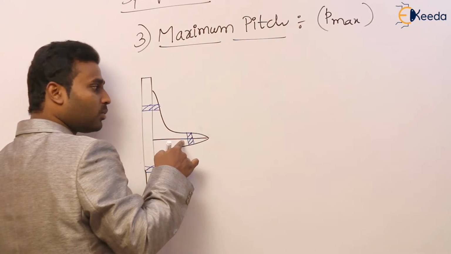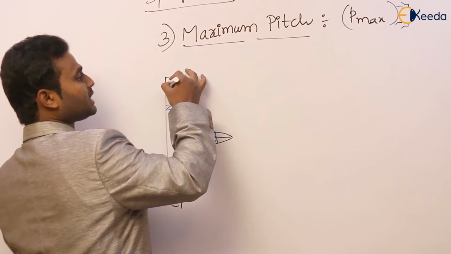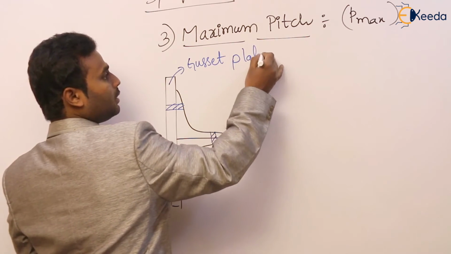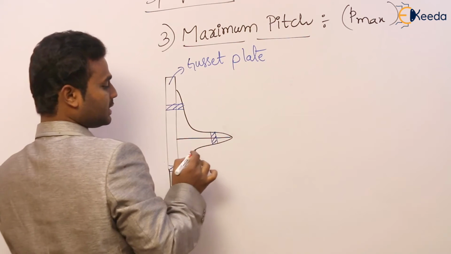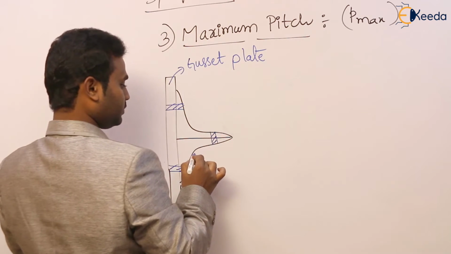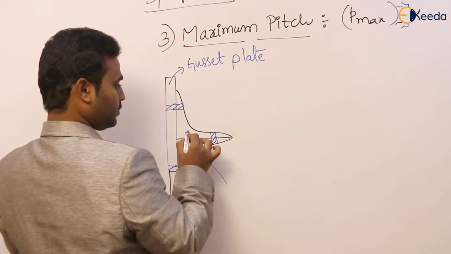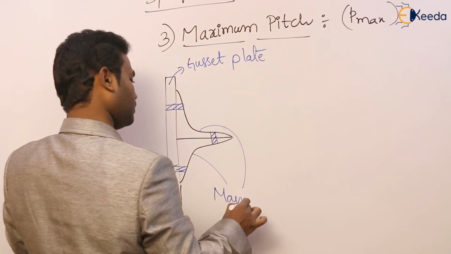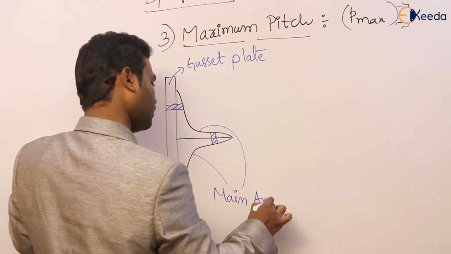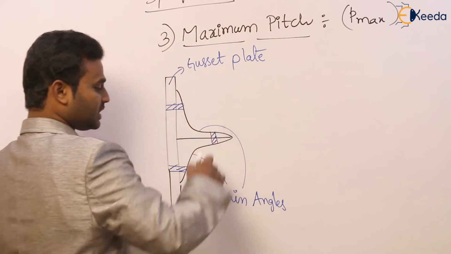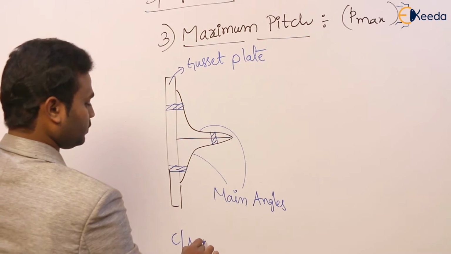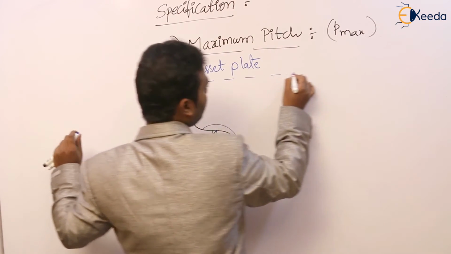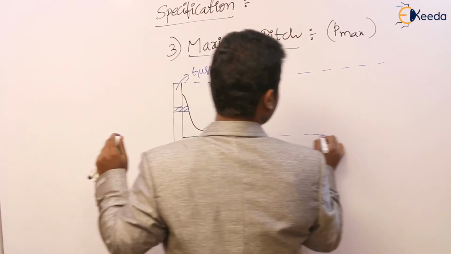This is known as a tag bolt, and these are structural bolts. Here it is the gusset plate. These two are the main angles. This is a cross-sectional view. If I show the front view or top view, let us see how it is.